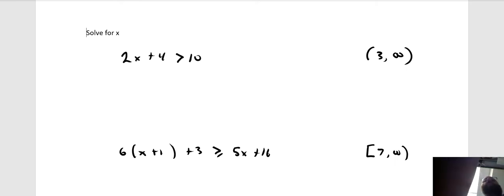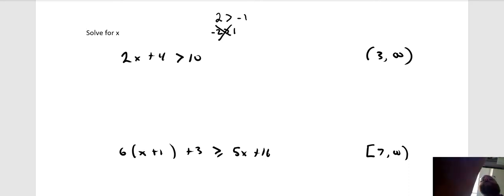Let's say here's a statement that's true: 2 is greater than negative 1. Right, that is a true statement. Look what happens if I multiply that by minus 1 and I don't change the inequality direction. This would now read negative 2 greater than 1. And this is a false statement. Negative 2 is not greater than 1.